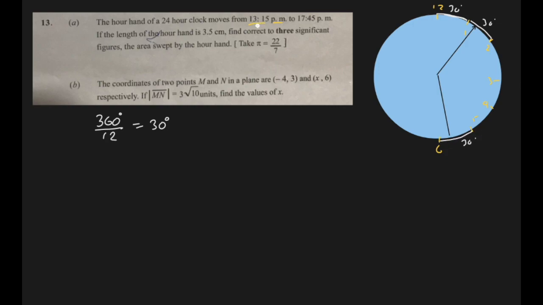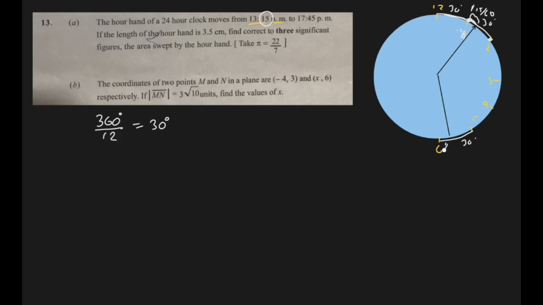But our hand reaches 15 minutes out of 1 hour in this. So this particular small fraction is 15 minutes out of 60 minutes, because from here to here will be 1 hour for the hour hand, right? 15 out of 60 will be 1/4, right? So this angle is 1/4 after 1.